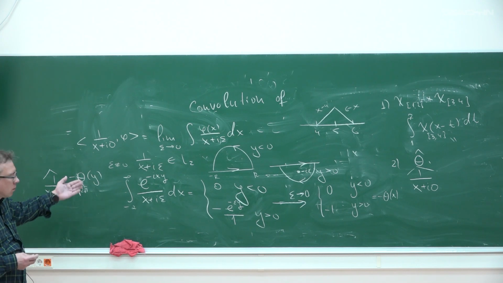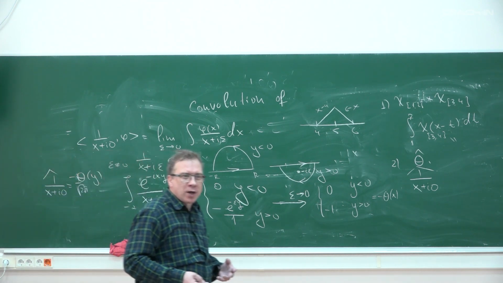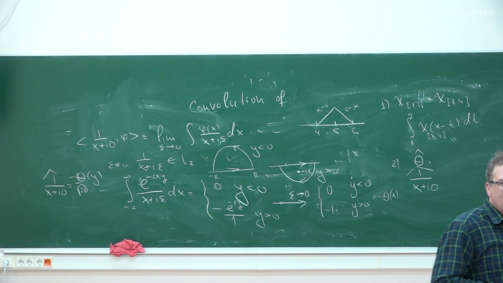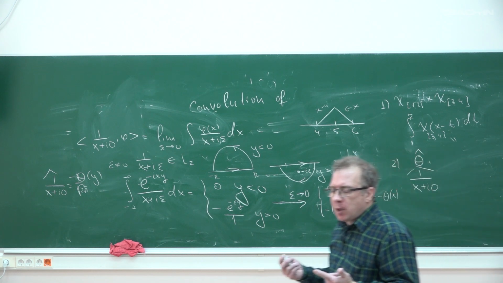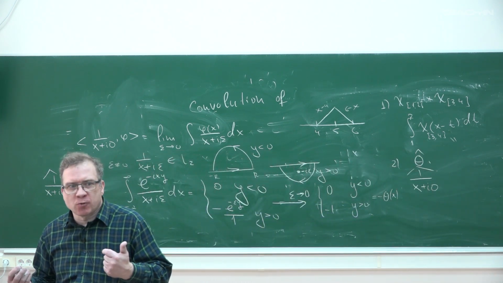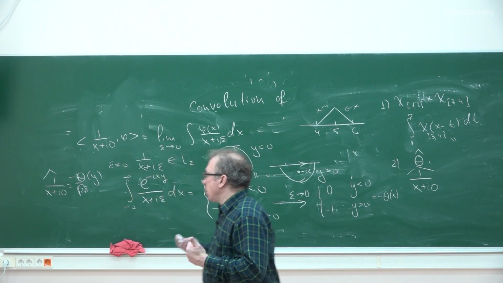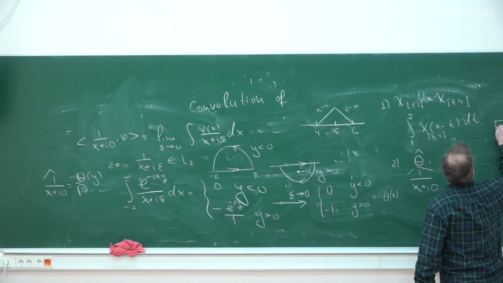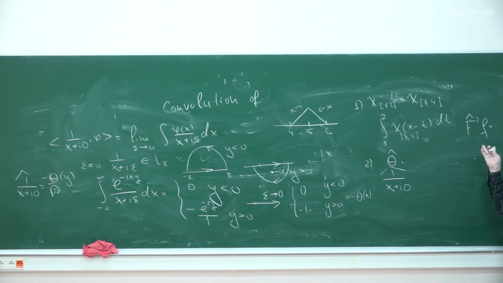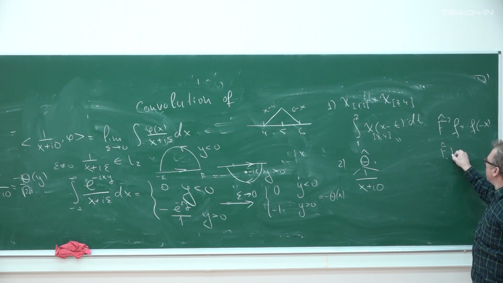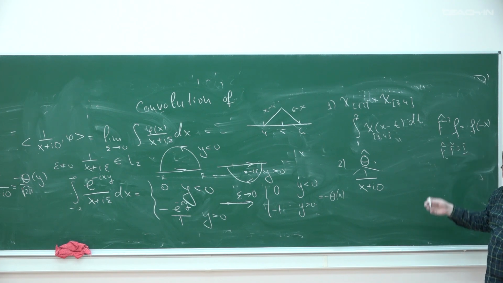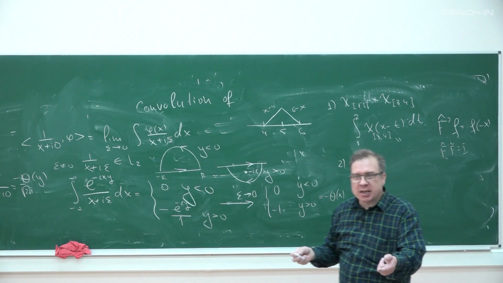So the Fourier transform of this, can you now obtain the Fourier transform of the Heaviside theta function? What do we know about the property of the Fourier transform in spaces where we have the inverse formula? It gives F of minus x, in all spaces where we have this property: in S, in L2, and in S prime.